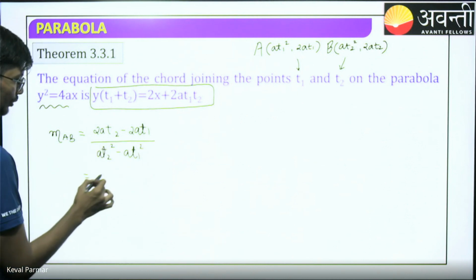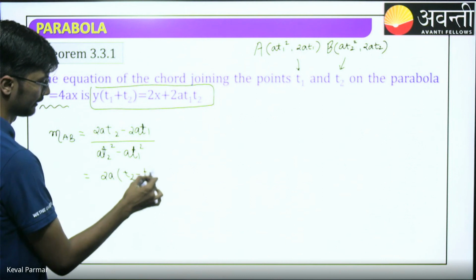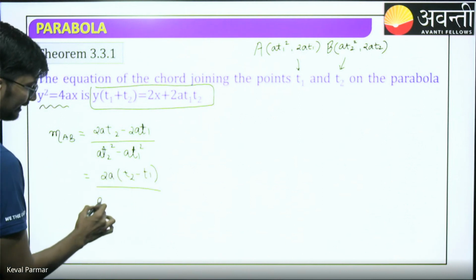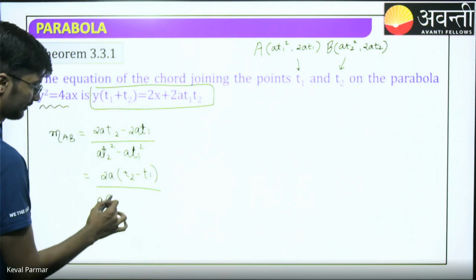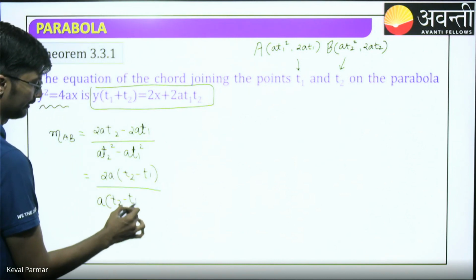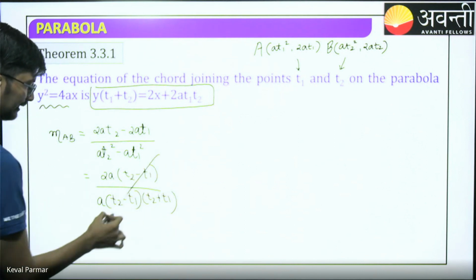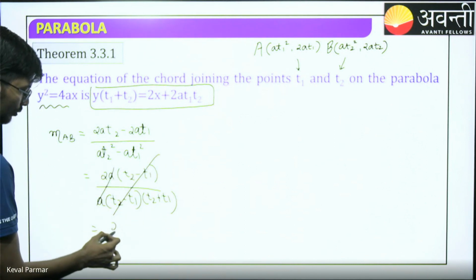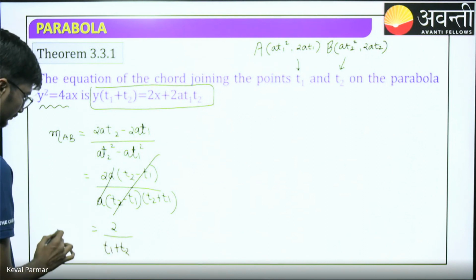We can take 2a common. What I'll get? t2 minus t1 upon, in the denominator, if I take a common, I'll get t2 square minus t1 square, which I can write as t2 minus t1 into t2 plus t1. This will get cancelled, and a and a will also get cancelled. So I get 2 upon t1 plus t2, the slope of AB.